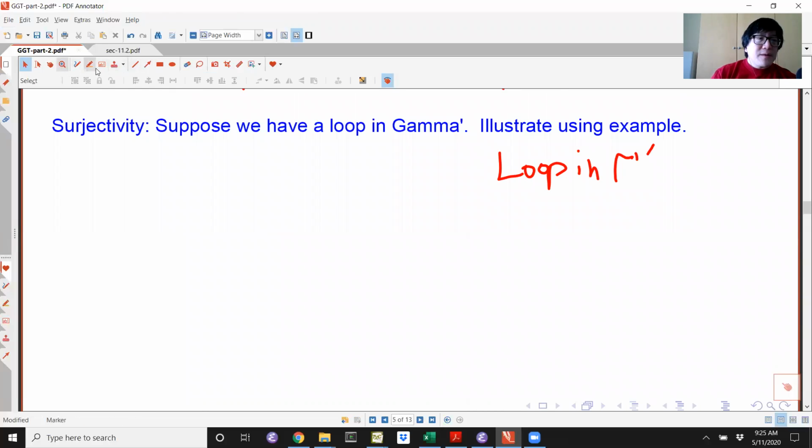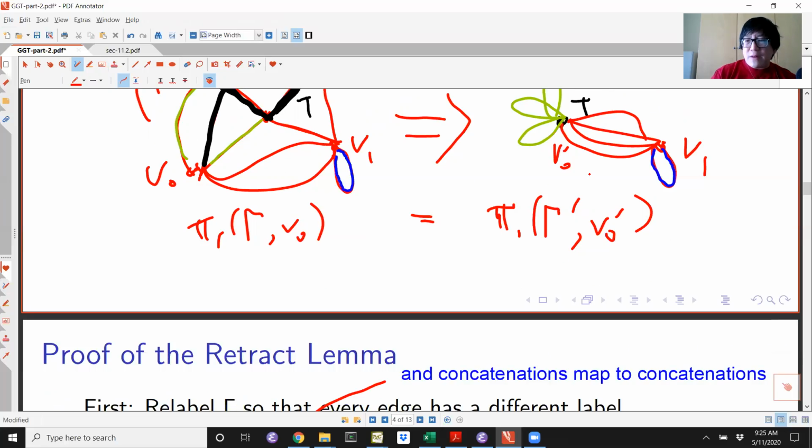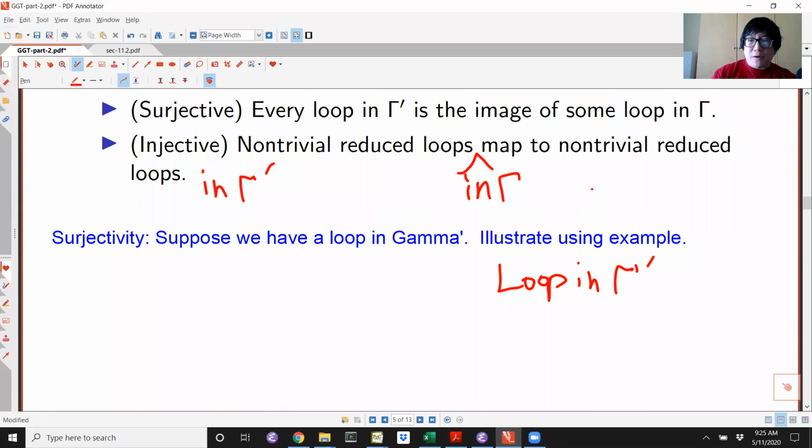Any loop in gamma will chase around in the blue stuff for a while, then do a red, then some green, and then some red and then some blue. Our color coordination is very important.